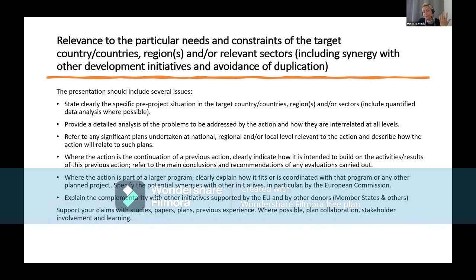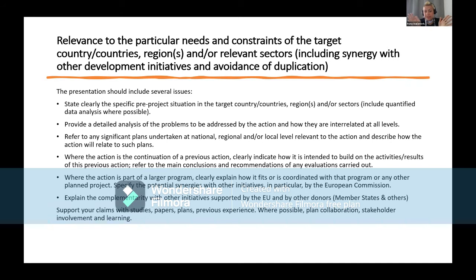So if you have had an evaluation of your previous project, you should certainly address these main conclusions and recommendations done by the evaluators of your previous action, and then you should connect it with your new proposed action and how you intend to build on the activities and the results of the previous action.